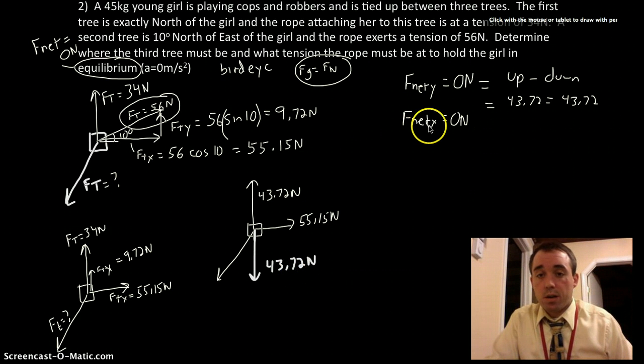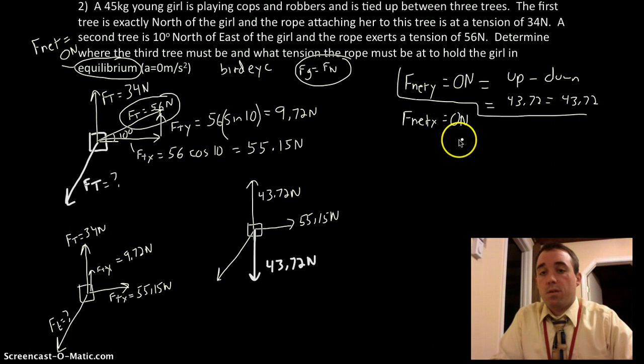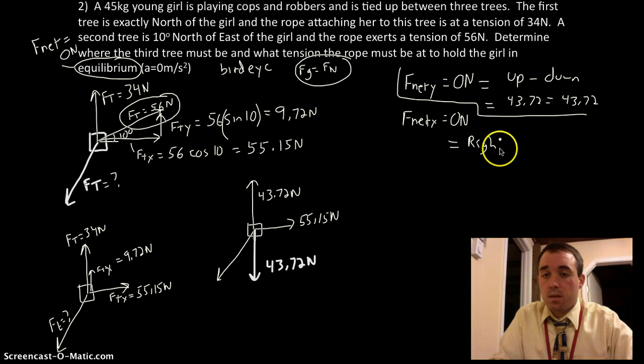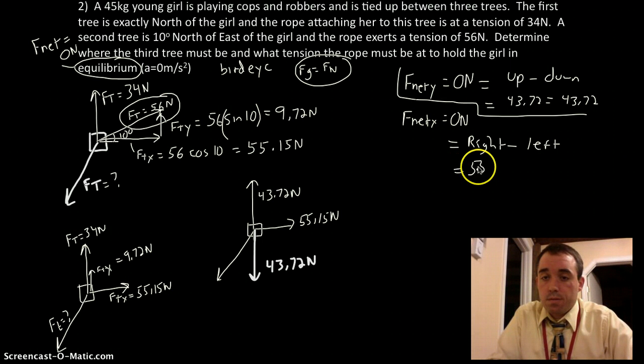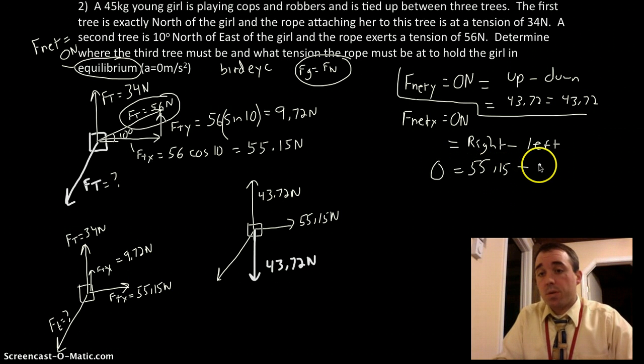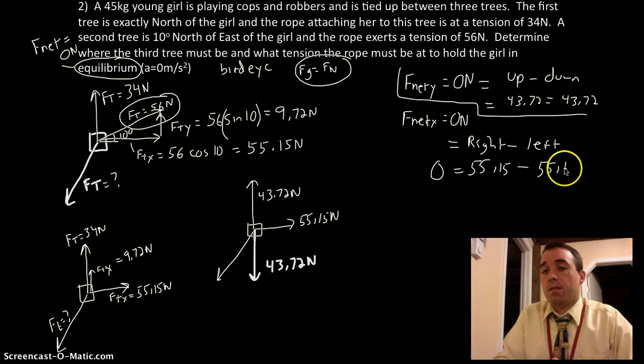And now we look at our horizontal, and we know that it has to be total right minus total left. And our right force, 55.15, if this equals 0, then our left force has to be 55.15.